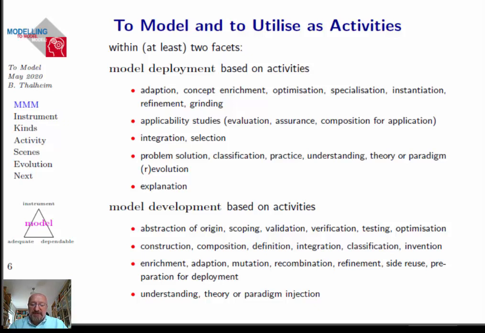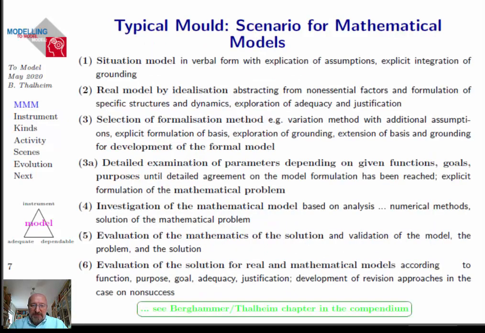In this case we can say, model development based on activities is of course abstraction, is some kind of method canon we have to use, and is of course what we have to understand of model development, or for model development. Model deployment is also based on activities. We will come back to model development in section 12 and to model deployment in section 13 of this course.